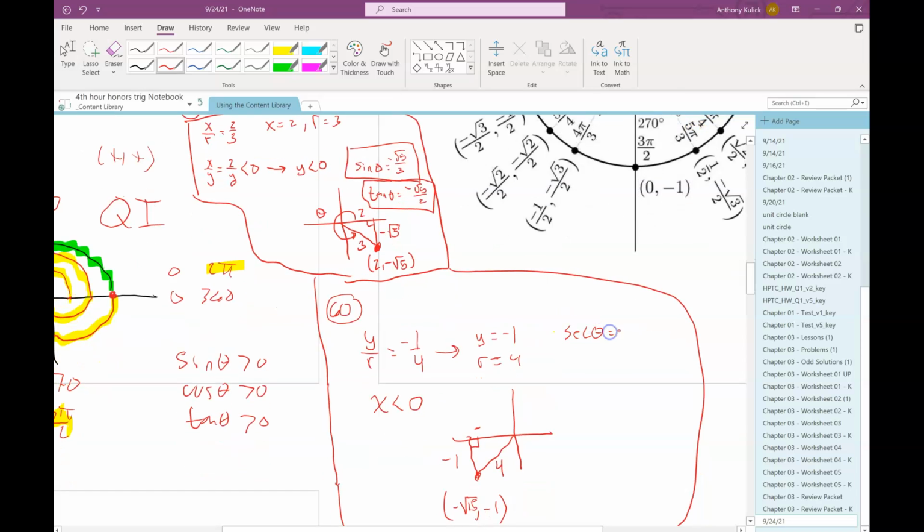So secant theta is 1 over x. And when I rationalize the denominator, it's negative root 15 over 15. And cotangent theta is x over y. Now let's just write x over y, and there's nothing more I need to do to that one.